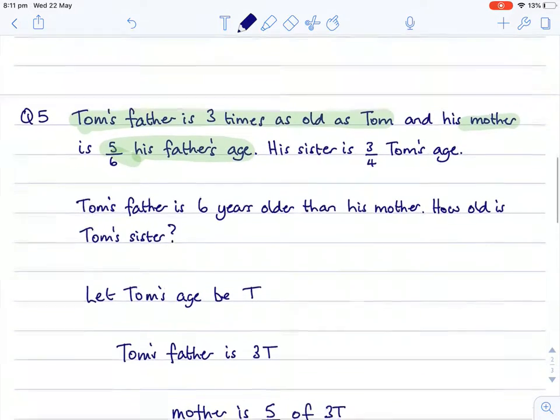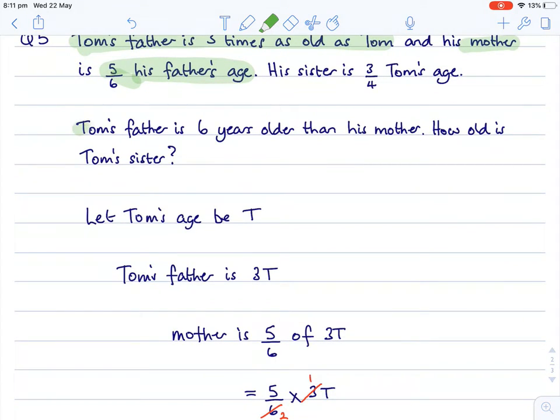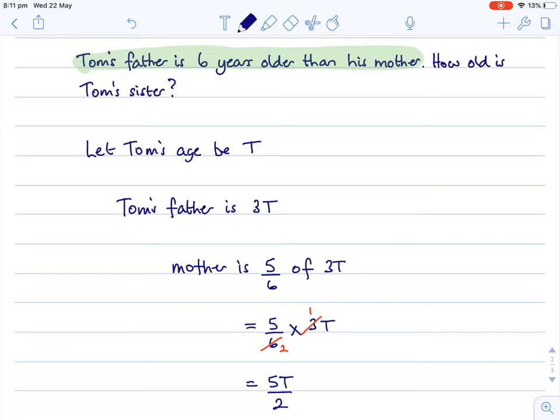Now I'm not going to bother with the sister's age just yet. I'm going to use this next bit of information here that says Tom's father is 6 years older than his mother. Well, Tom's father is 3T, and that is equal to 6 years older than his mother.